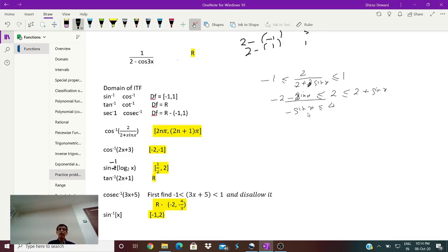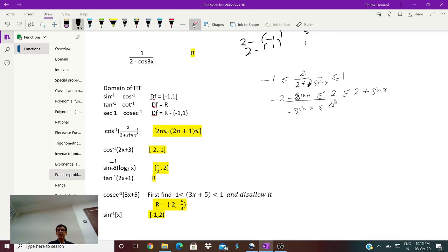Now sin x varies between -1 and 1, so minus sin x would also vary between 1 and -1, so it will always be less than 4. So irrespective of the value of x, this will always hold true. So this will be satisfied for all values of x.